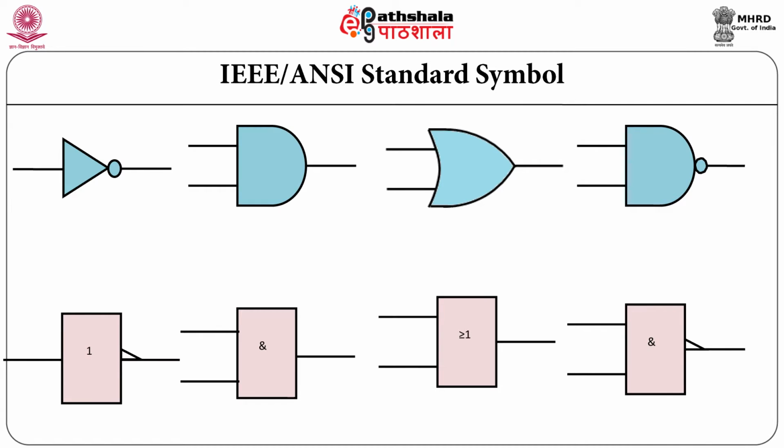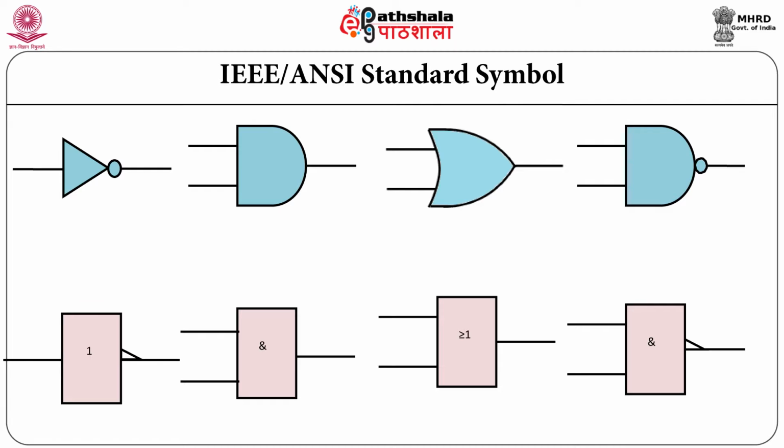The AND symbol inside the rectangular shape indicates the AND gate, and the output will be in active high state when both the inputs are in active high state. The greater than or equal to symbol inside the rectangular shape indicates the OR gate, and the output will go to active high state when one or more inputs are in active high state.